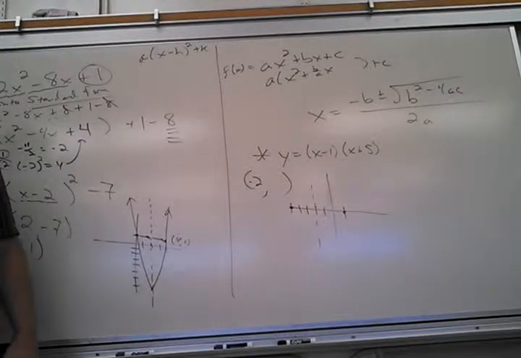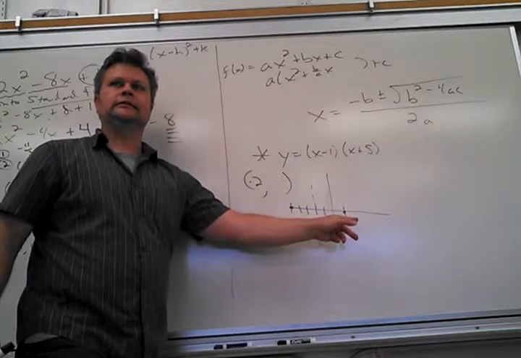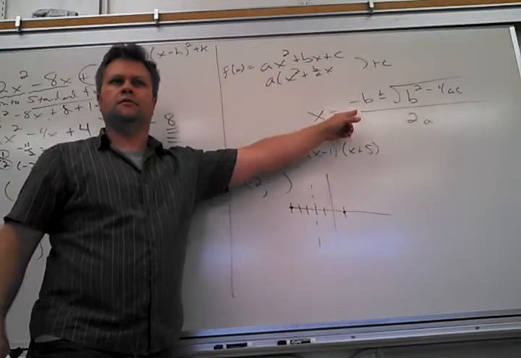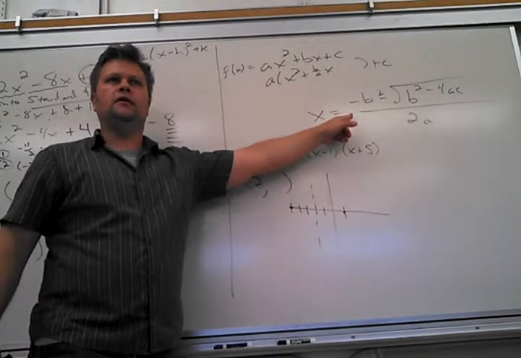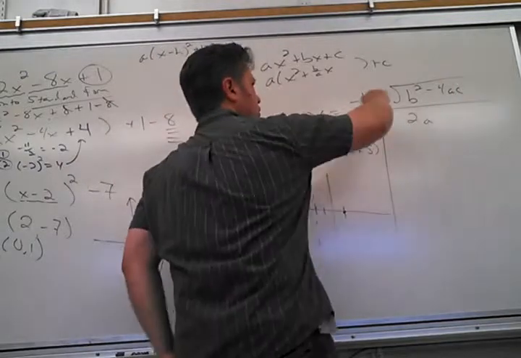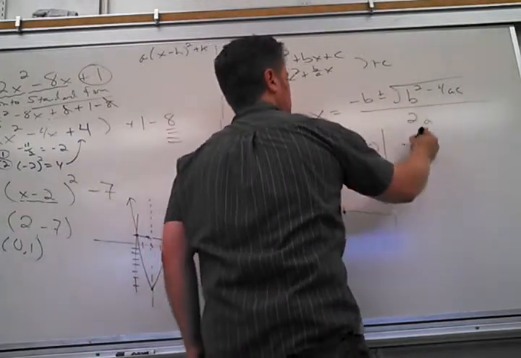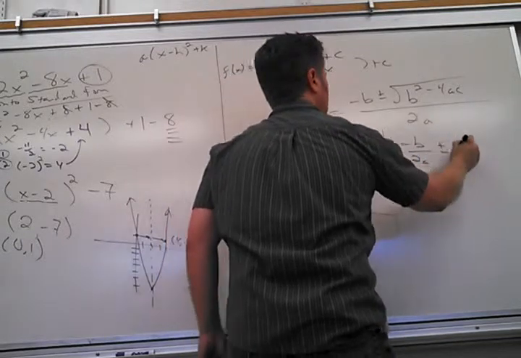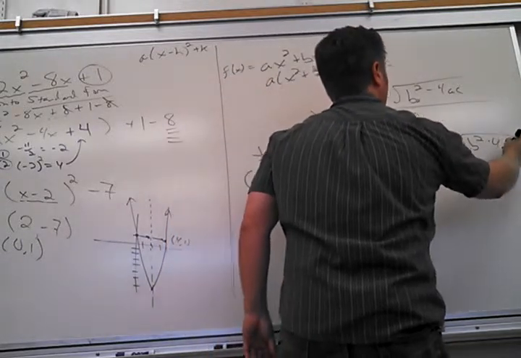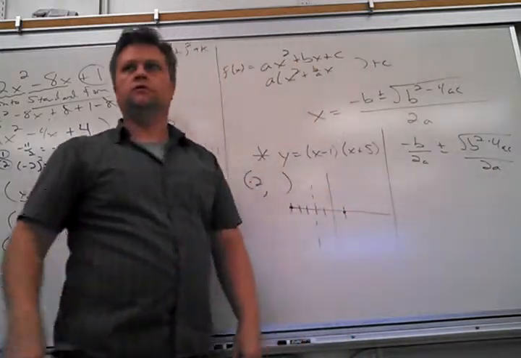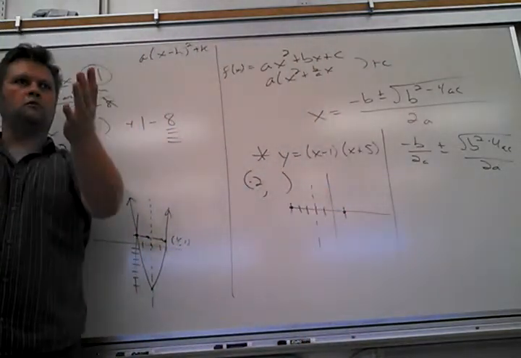Are my intercepts always that pretty? No. Sometimes they are this pretty, right? But the really cool thing about this equation is you can see, if I rewrote this a little bit, negative b over 2a, give or take all this stuff here, right? Is that cool? I can just break it up. They're both being divided by 2a.